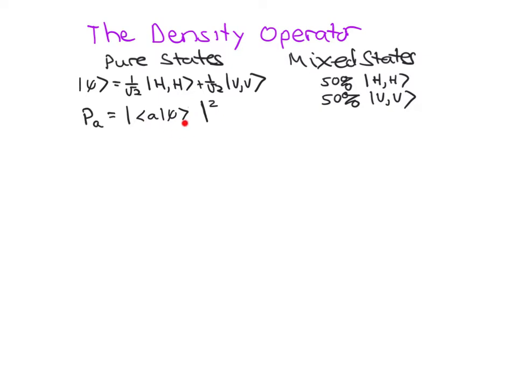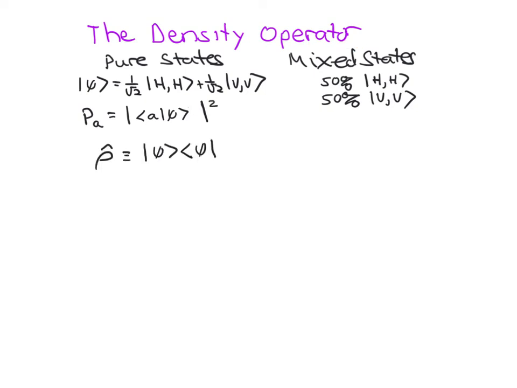You calculate a probability amplitude, which is an inner product of the state A with the wave function psi, and then to find the probability, you take the absolute value squared of that probability amplitude. So that should be a very familiar thing to you. And then the question is, when you want to calculate probabilities when you're dealing with mixed states, what do you do? And that's where the density operator comes in.